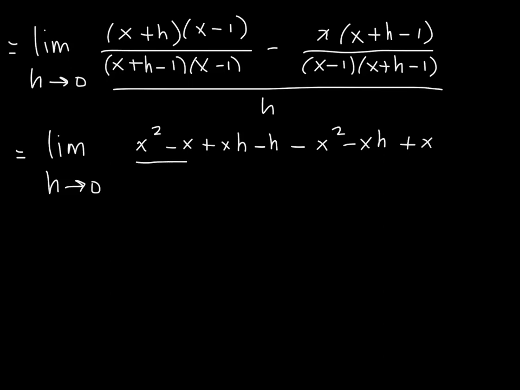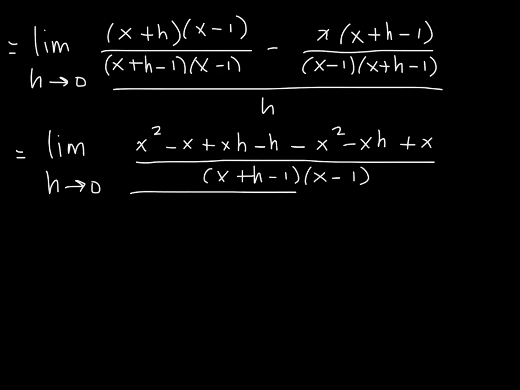And all of this is over that LCD x plus h minus 1 times x minus 1, and all of that is over h. Now, notice that x squared and negative x squared are opposite, so they cancel. Furthermore, xh and negative xh cancel, and negative x and positive x cancel.